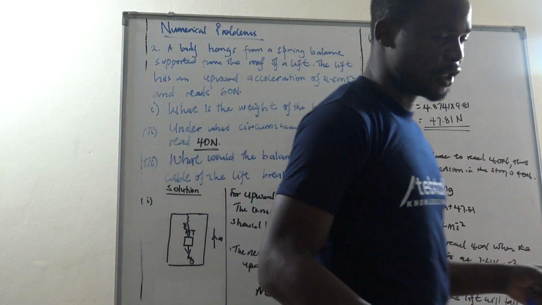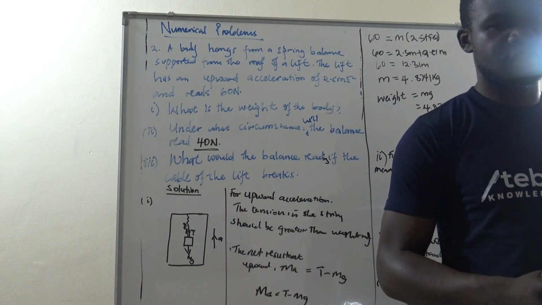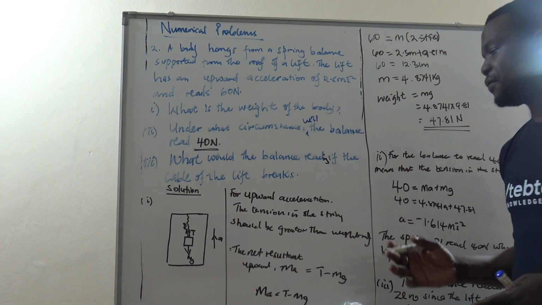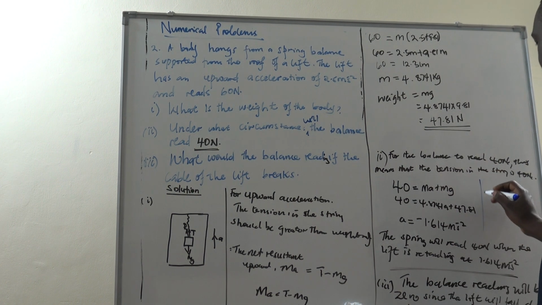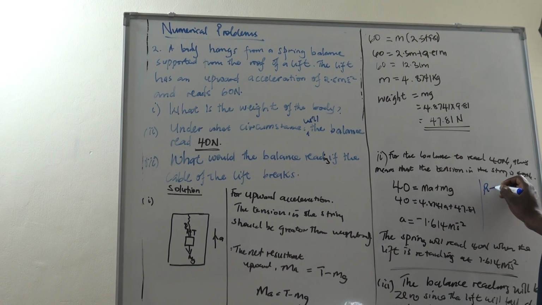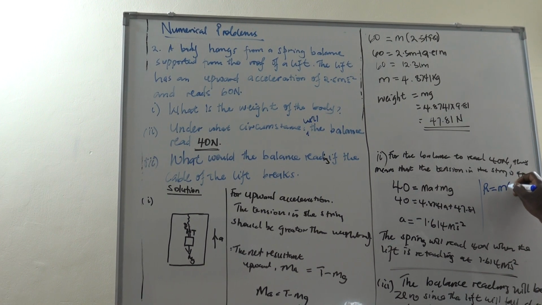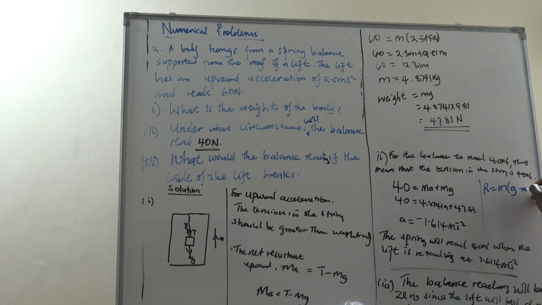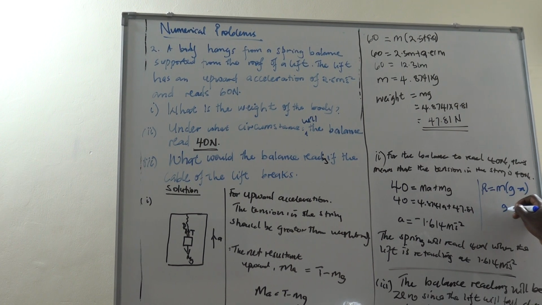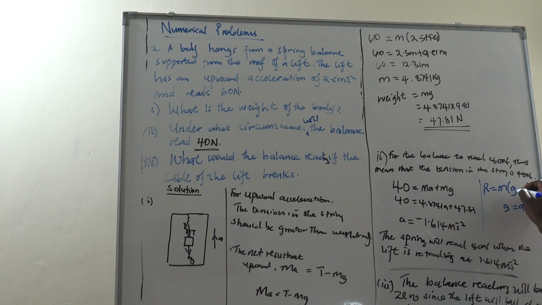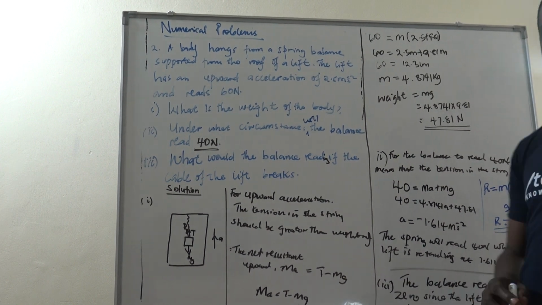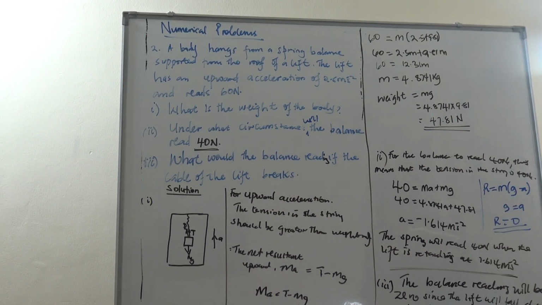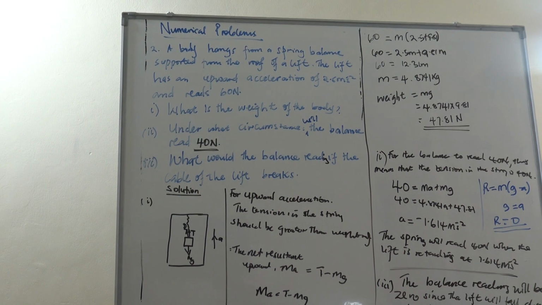We are getting a 0 reading simply because the lift is moving downwards at an acceleration equal to gravity. If you remember, we said that the resultant force for a body moving downwards is m into g minus a. Now, if g is equal to a, this minus this gives us R as 0, and therefore our reading will be 0 on the spring ballast.